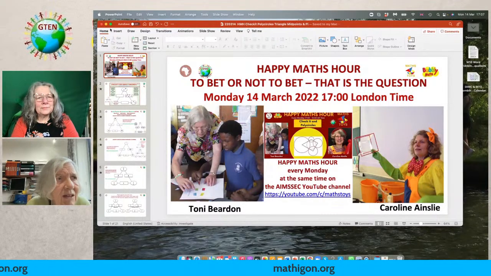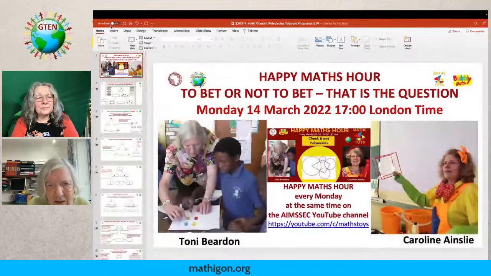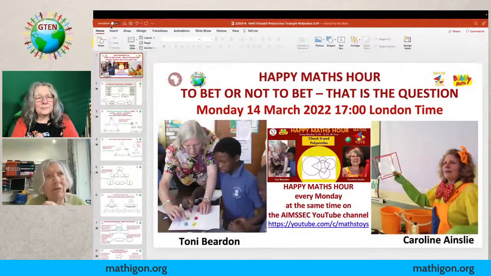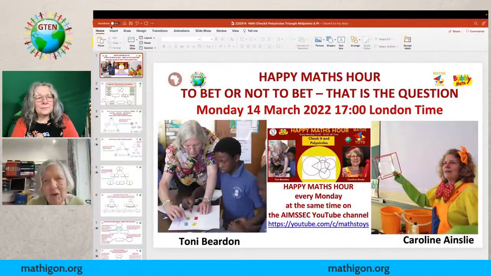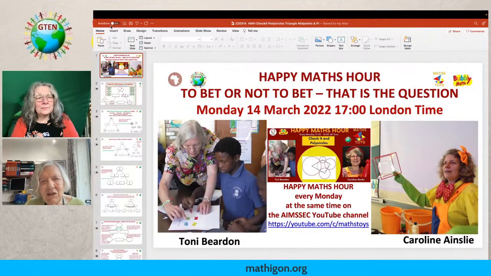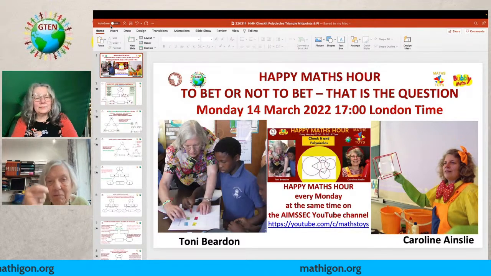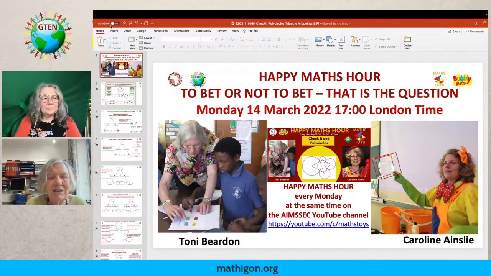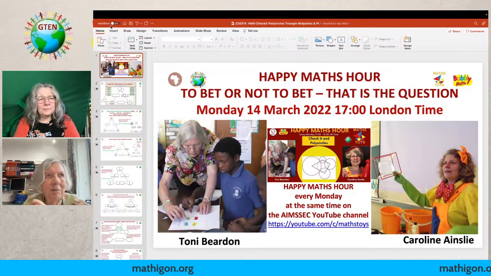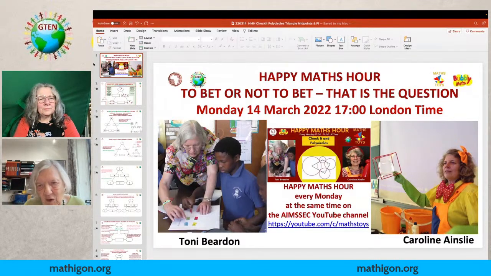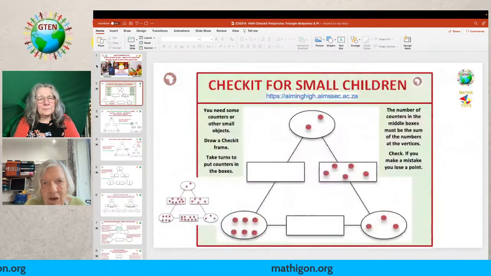Today the theme, the thread that will run through our chat, is three numbers, and a lot of adding two numbers to get the other one, and sometimes combining the two numbers in another way to get the third. So here we go.